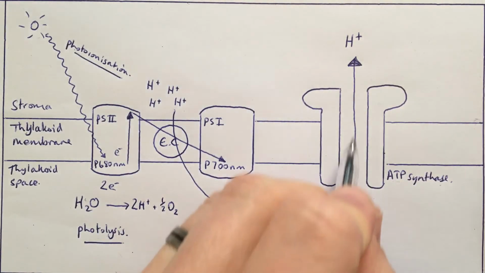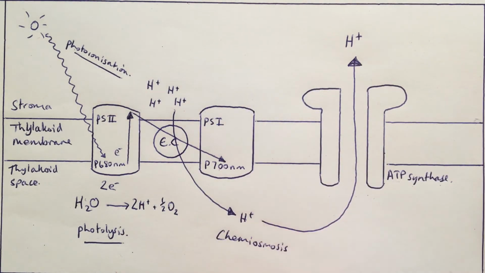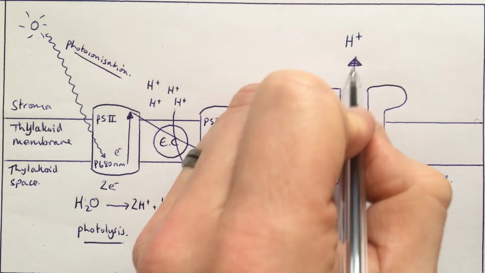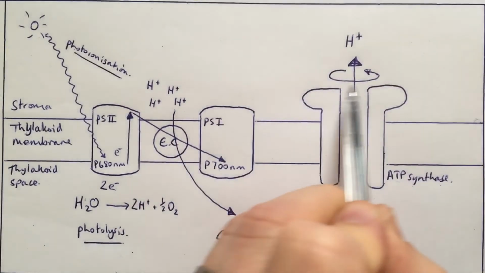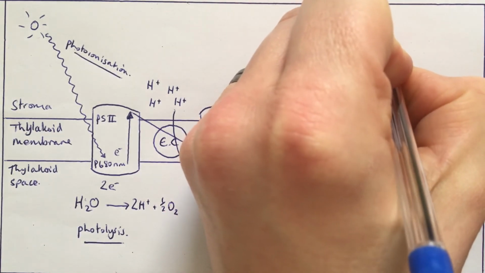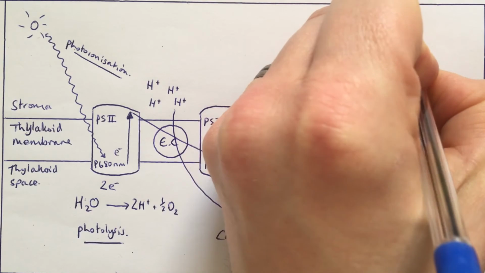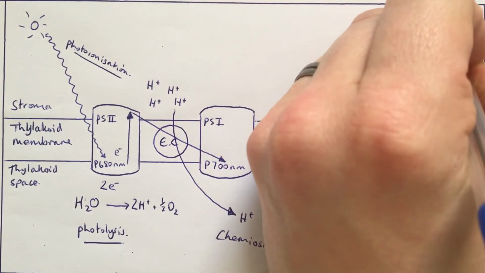Now, as protons move back out, the ATP synthase is going to synthesize ATP. So as it moves out, the head of the ATP synthase, this part here, spins and it joins ADP and inorganic phosphate to make ATP.